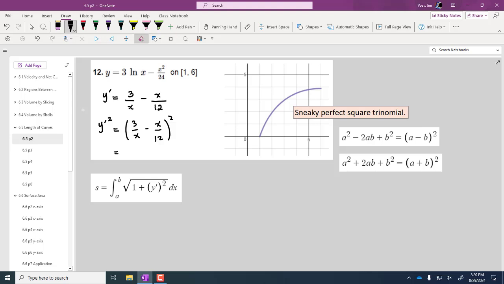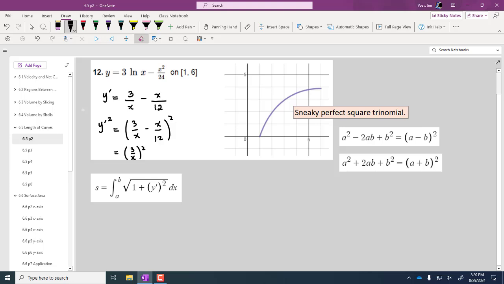So what we are going to do is look over here. When we have a minus b squared, we're going to leave it in this type of setup. Instead of simplifying each of these individual terms, just leave them as they are. So I'm going to write this as a squared, so 3 over x quantity squared. Yeah, I know it's 9 over x squared, but don't do it.